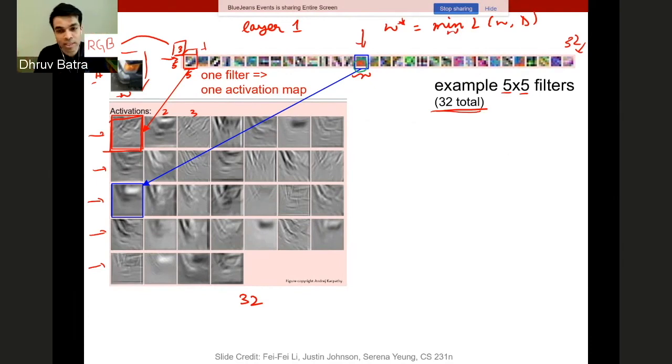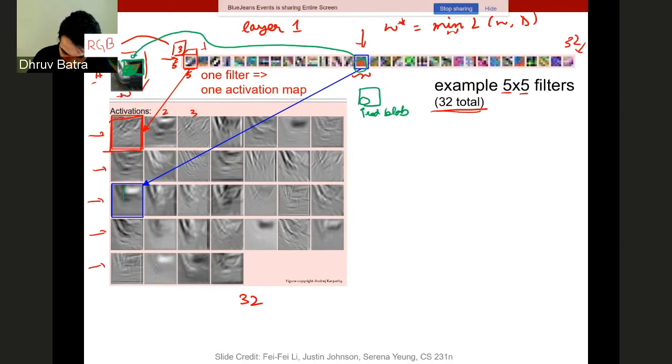So remember our visualizations from linear classifiers. Linear classifiers were templates that we could visualize. These are patch templates. They're patch level templates. And this particular template has this structure where there's a red blob here. And if you think about it, what is happening is that when you place this W at this location, so this filter at this location, what you're going to get is that reddish blob is going to multiply with the orangish input that we are seeing at that location.